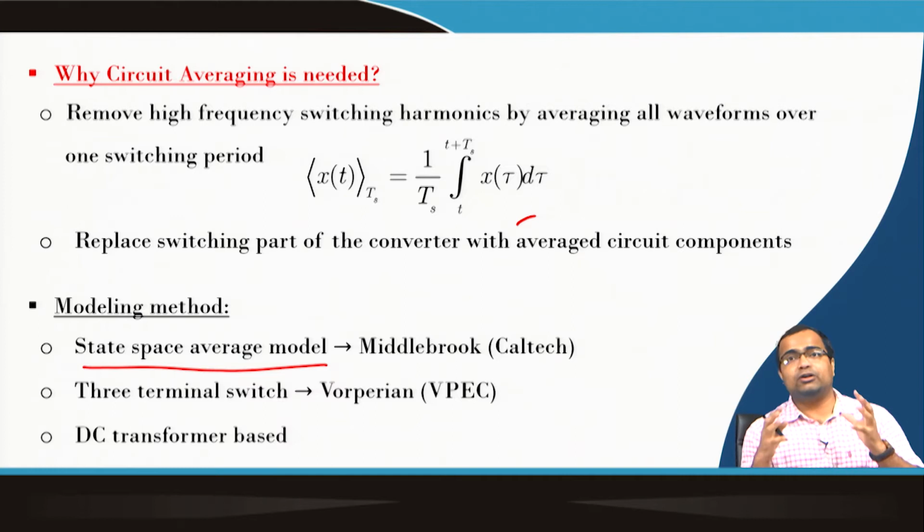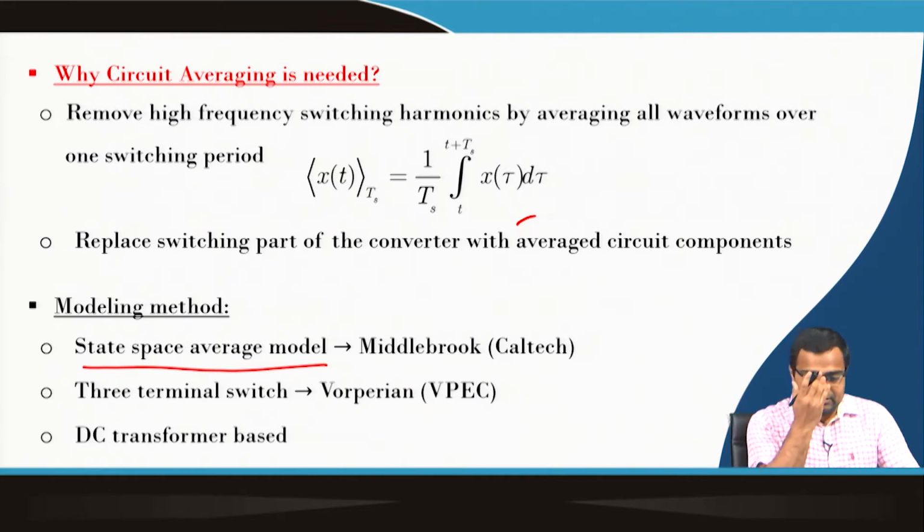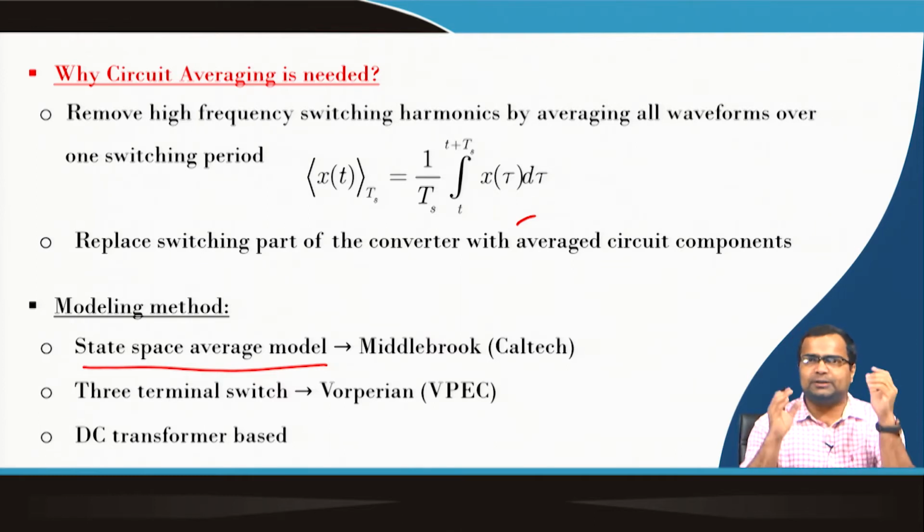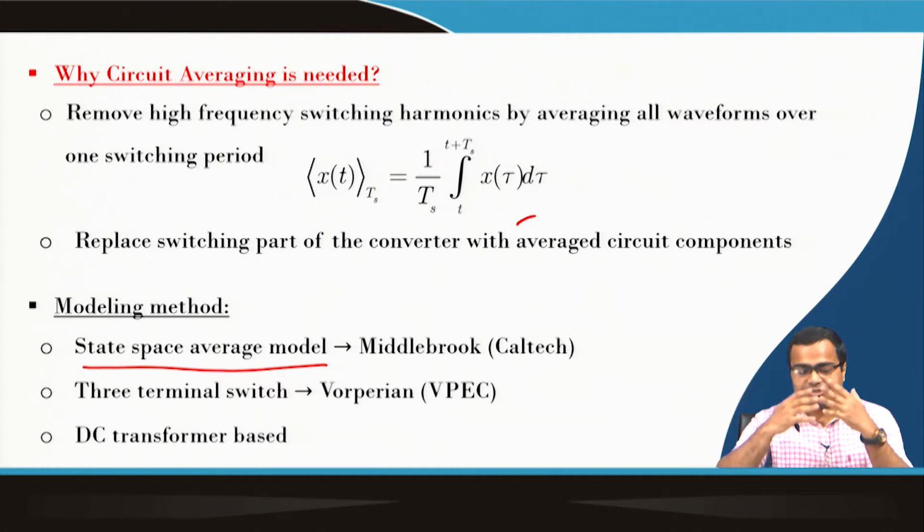And then, even the state space model can be framed into a canonical form to obtain an equivalent circuit model, that means using a transformer, whereas the 3-terminal model can be used to directly obtain the equivalent circuit. In the previous lecture we discussed the state space average model, which is straightforward, but much more mathematical, since you need to obtain all the state space models, then obtain the Jacobian, small signal perturbation and so on.